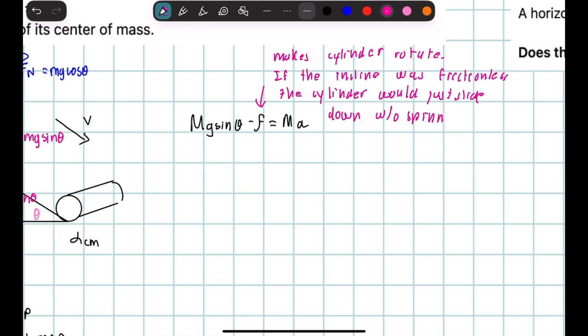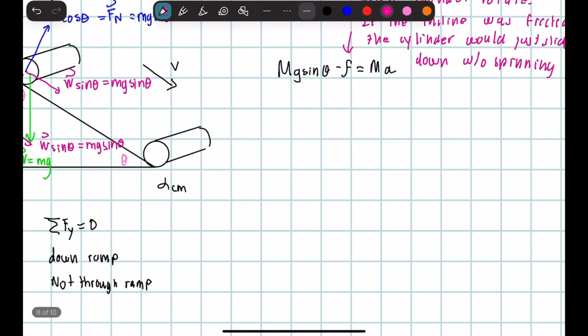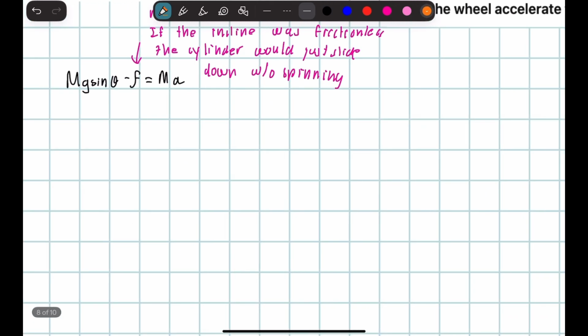So essentially, remember that friction is the thing that allows something to roll, to spin. And the lever arm is also something we can elaborate on.